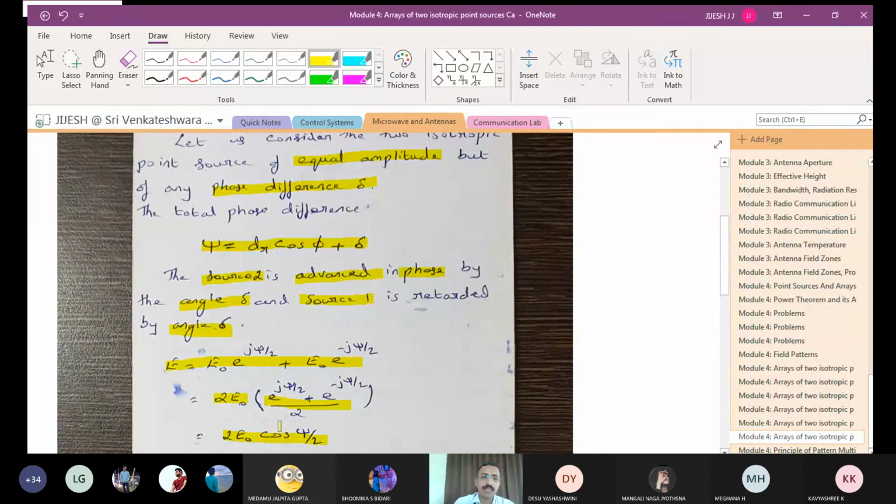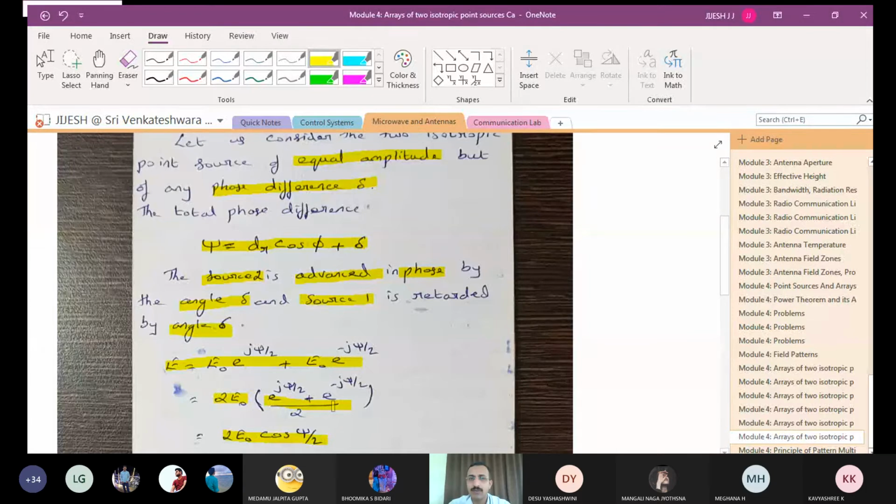So psi is dr cos phi plus delta and E is equal to 2 E naught cos of psi by 2. Here we have 2 point sources, source 1 and source 2. Source 2 is advanced in phase by an angle delta and source 1 is retarded by an angle delta.